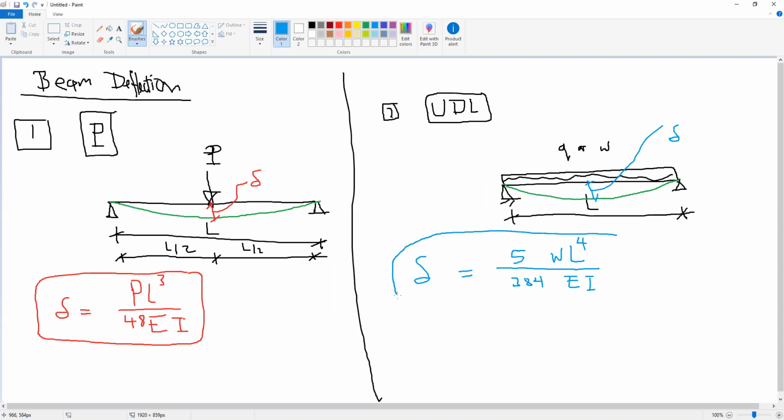Okay, this is the formula for uniform load, and the other is the formula for concentrated load.